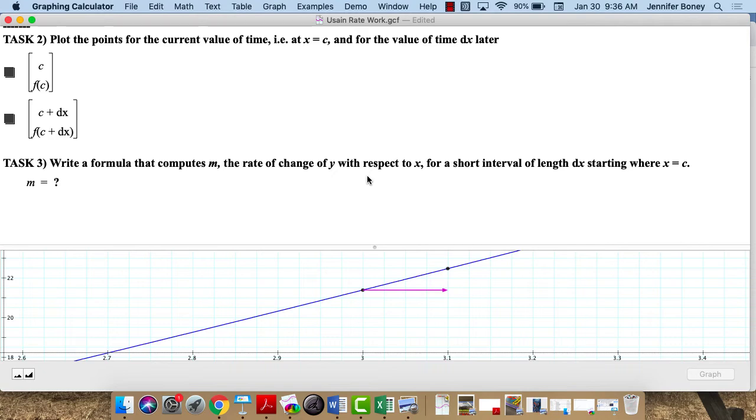Here's x equals c. We defined c to be 3 up above, but here's a specific picture. Here's x equals c. Here's a point that's dx later. I want to find M, that constant rate of change, or approximate constant rate of change at least, over that interval. So, see if you can write a formula to calculate rate of change for this interval.